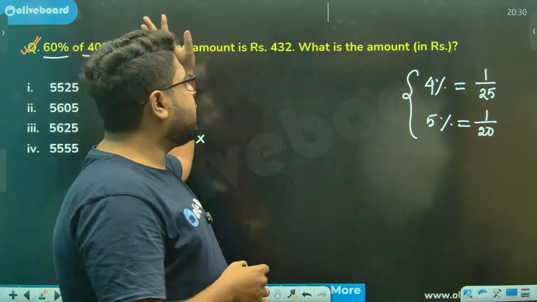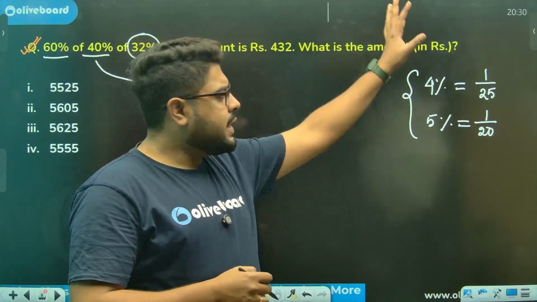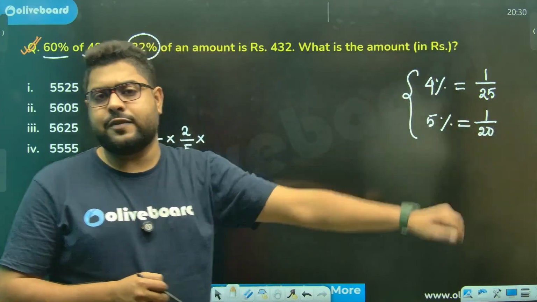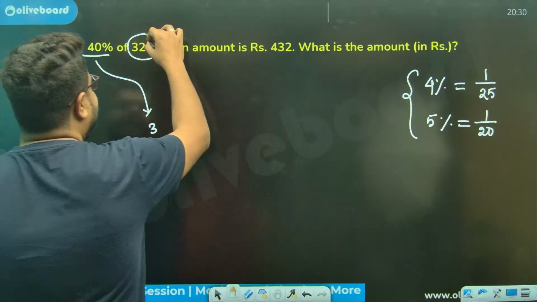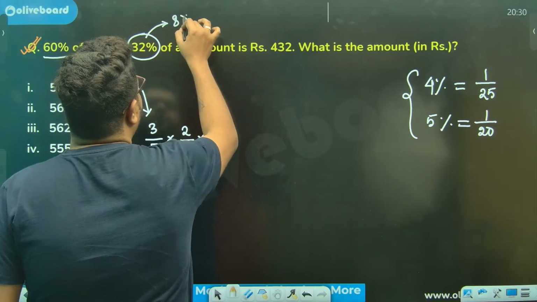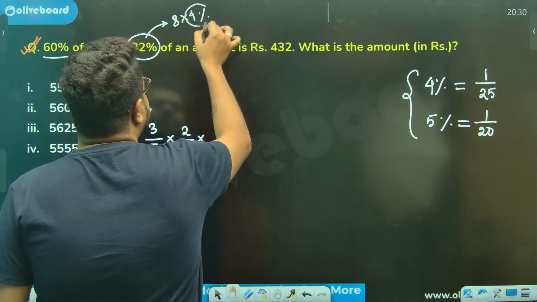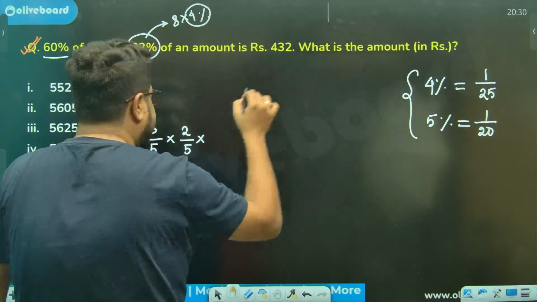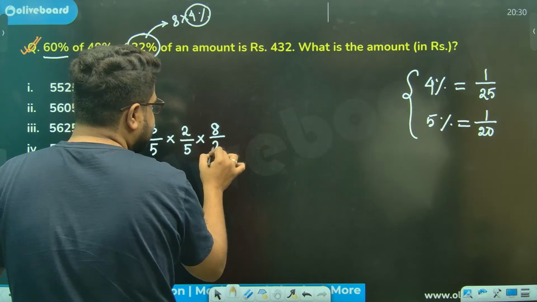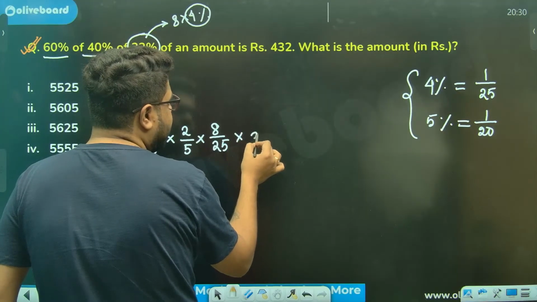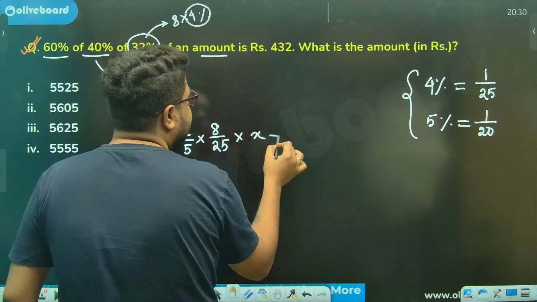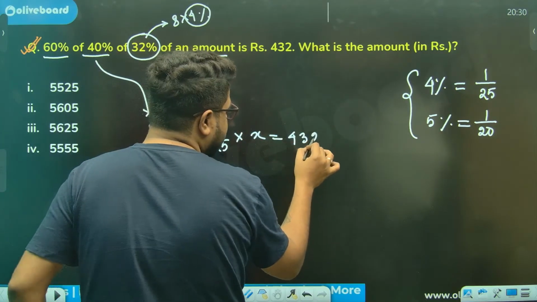Because most of our values will be either a multiple of 4 or 5. Here it's a multiple of 4. This is 8 times 4%. 4% means 1 by 25, meaning this is 8 by 25 of a certain amount, let's say x, equal to 432.